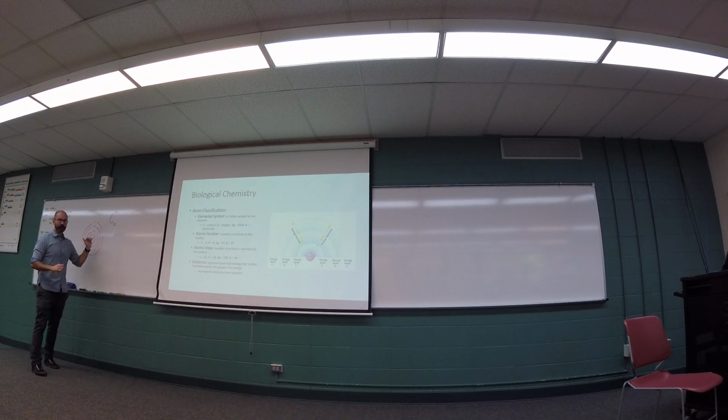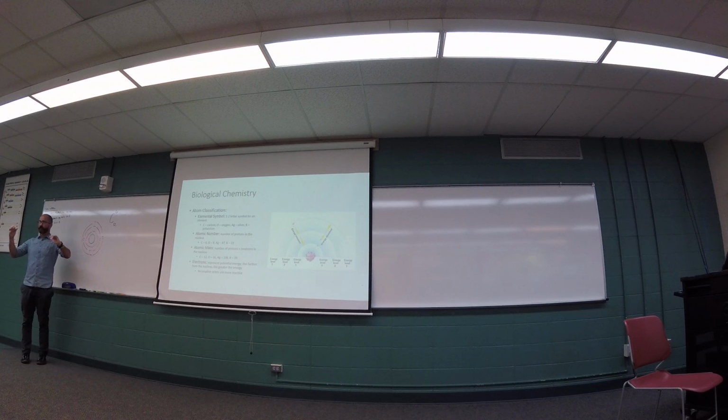So the farther from the nucleus, the more energy it represents. What that means is, relative to this electron right here, this one carries less energy and is perhaps a little bit less valuable to the biological system that it finds itself in.